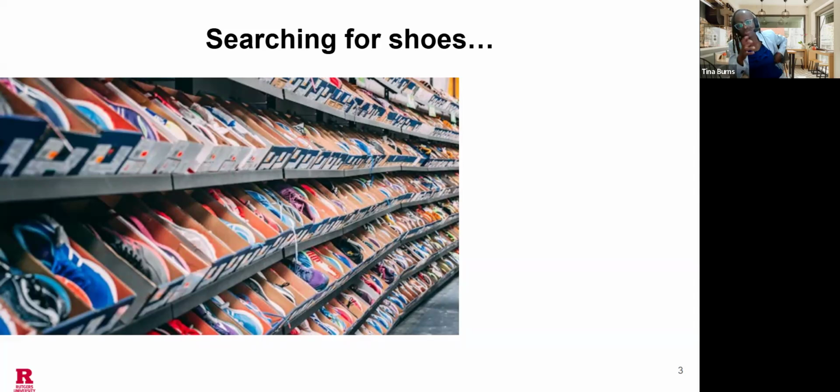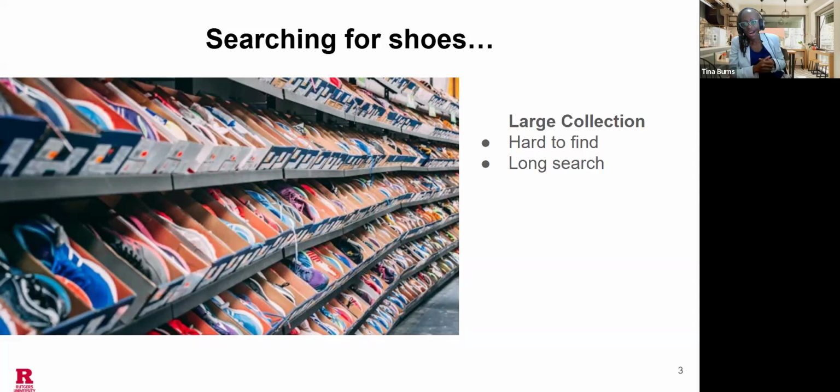Even if I had a system to index them, I still would have to go look through that system and then search through all these shoes to find it, right? Because there's so many items and so many variations, it makes it more time consuming to find it. And it takes a long time, and depending on the shoe, it might be hard to find. Like, what if it's all the way in the back row somewhere, right? And this is a problem that we might have.